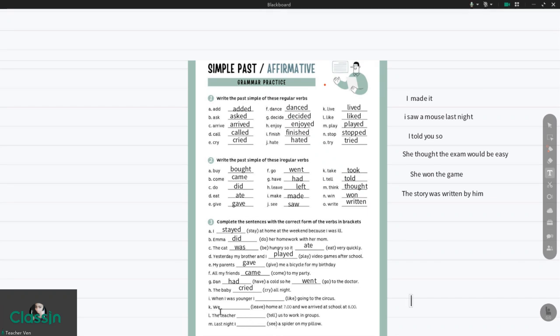Moving on to our next sentence. When I was younger, I blank like going to the circus. Again, when I was younger, I blank like going to the circus. Okay. What is the simple past form of like?